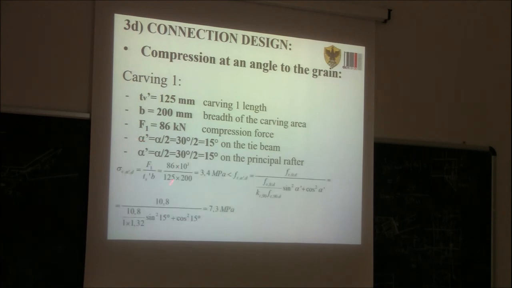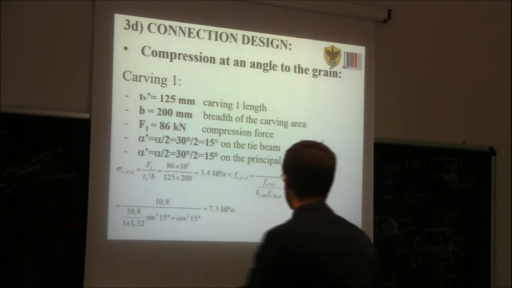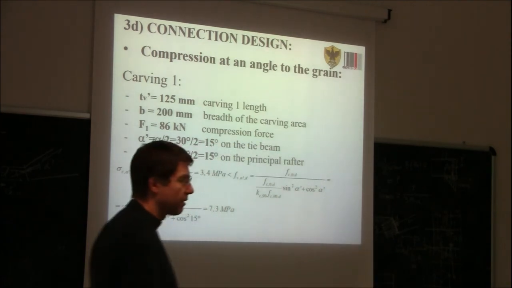So we replace now the number in the formula, so F1, 86 kilonewton times 10 to the power of 3 newtons, divided by 125 by 200. So 3.4 megapascal. So this stress here at the interface of the front notch between the rafter and the tie is given by 3.4 megapascal.